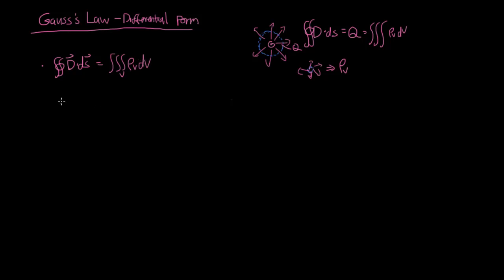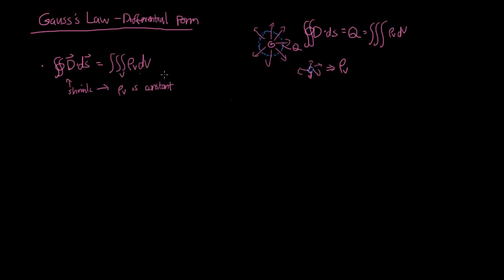Now what we're going to do is shrink this, and a key feature is that we're going to shrink it so small that rho v is a constant. So rho v could be a function of space, where every location has a different charge density. So to find the total charge, you've got to add it all up across everywhere in space.